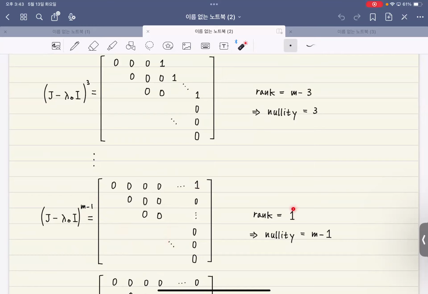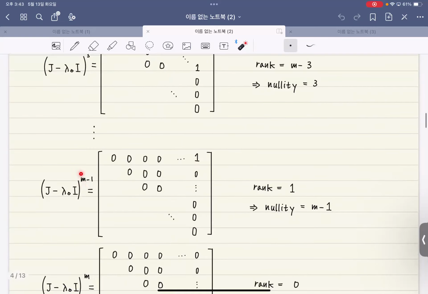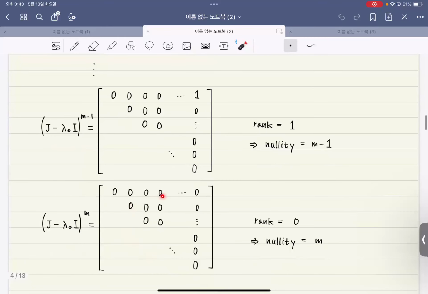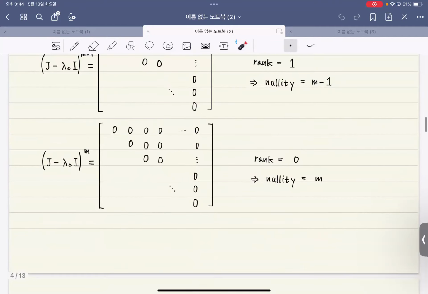In this case, the rank is 1 and the nullity is n minus 1. And if your power is greater than or equal to m, then you will end up with the zero matrix. Everything equals 0, so the nullity is m, and after this point, no matter how large a power you take, the nullity is still going to be m. So this is actually the proof of the theorem. Okay, all right.